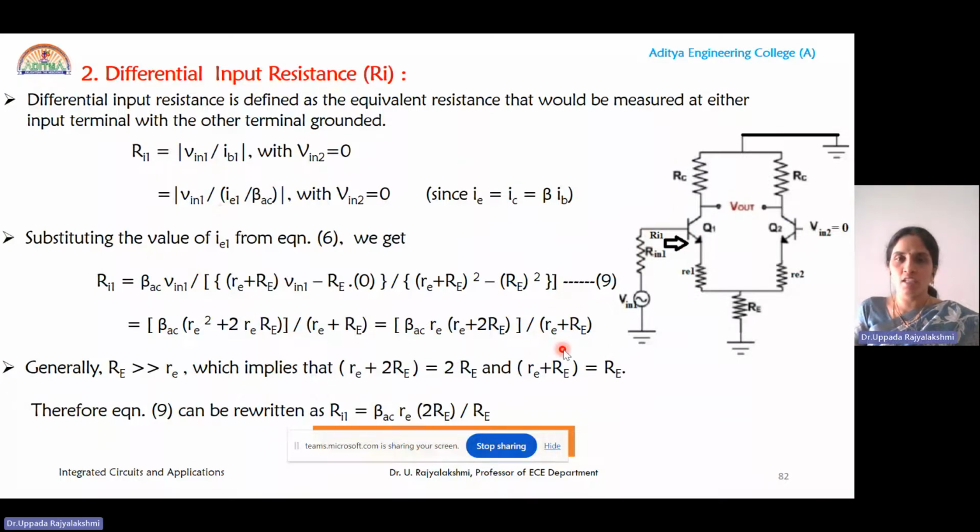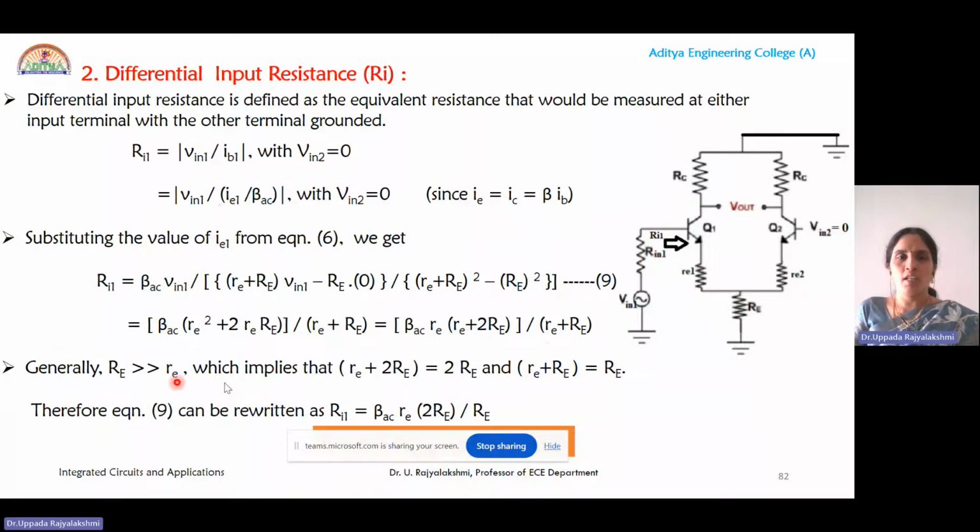Small re is the AC emitter resistance and capital RE is the emitter bypass resistor, or you can say it is the parallel combination of RE1 and RE2, because this is the emitter coupled resistor, which is the parallel combination of the emitter resistances of Q1 and Q2.